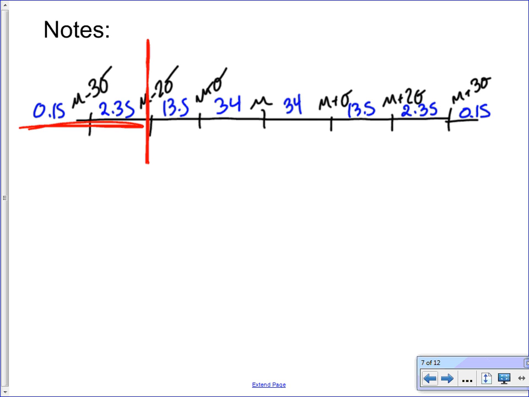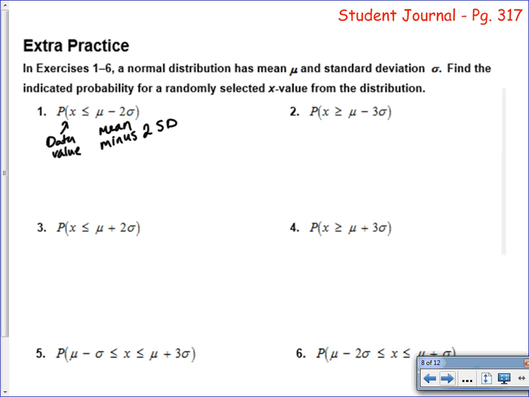And so what will I do with these two probabilities? Add them together. Yep, add them together, and that'll give me my answer. So I'll say 0.15 plus 2.35. The probability that a data value is less than or equal to the mean minus 2 standard deviations is 2.5%. Only 2.5% of my data falls below that line.